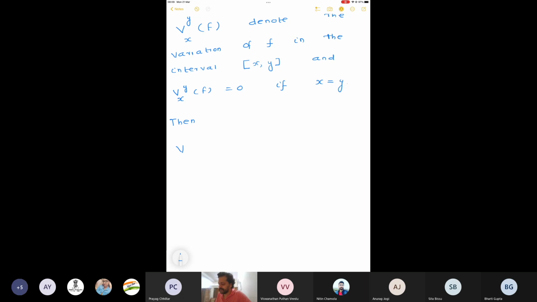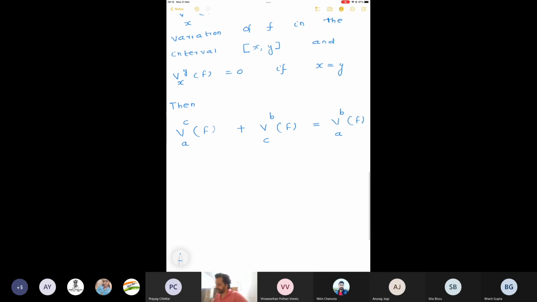The total variation of f over the interval AC plus the total variation of f over the interval CB is equal to the total variation of f over the interval AB, where C is any point between A and B. Essentially, this equation tells you that the variation of f over an interval AB is additive over subintervals.